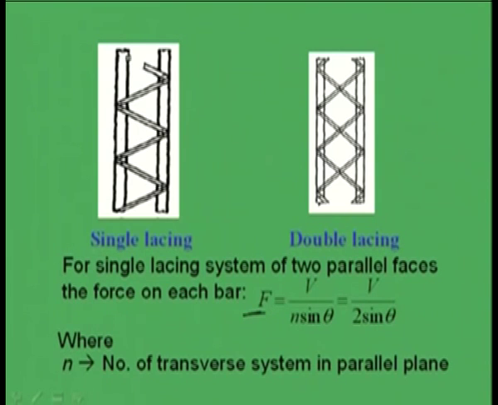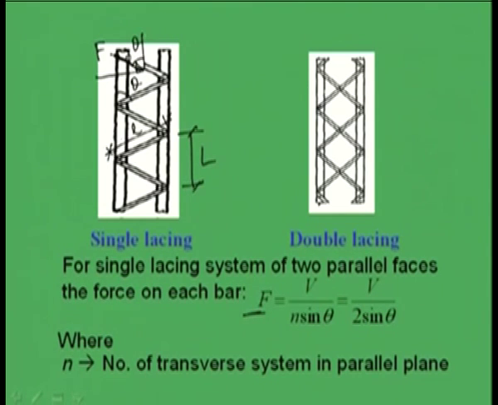For a single lacing system, if we see how it looks, we know this is length L, and the lacing length, which we call L, and the force which is coming is F. Now, this is theta. If I divide it, this will be theta.